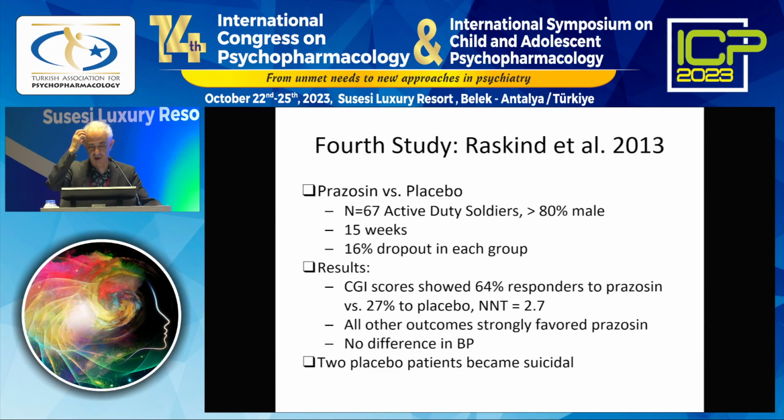A 4th study also had excellent results, a little bit larger, 67 patients. They had a number needed to treat of 2.7 versus placebo in this trial. All outcomes strongly favored prazosin over placebo.